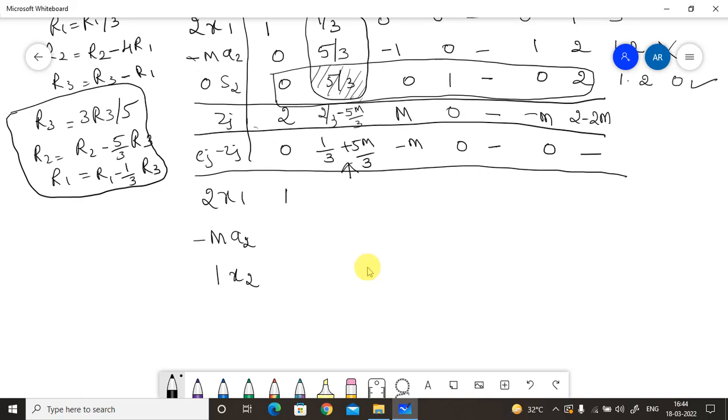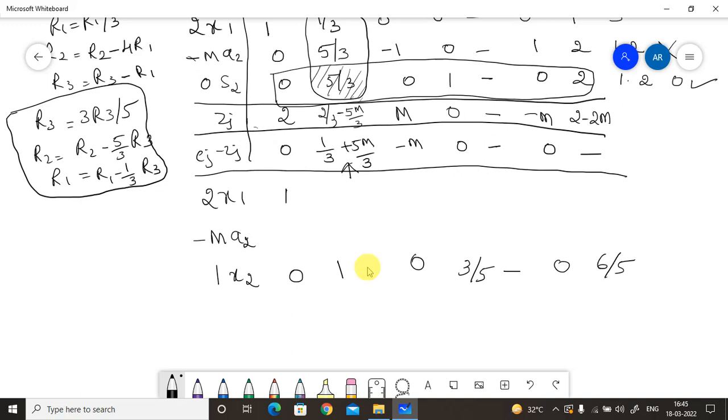So this will become 0, so R3 is 3R3 by 5, and this becomes 1, next is 0. After that it is 3 by 5, next we are not going to compute this one, and then it is 0, and after that it is 6 by 5.